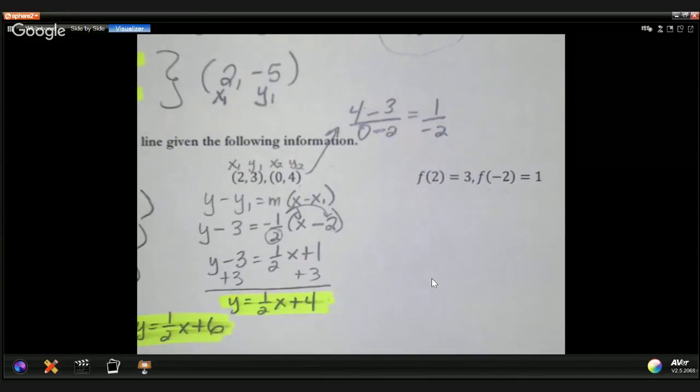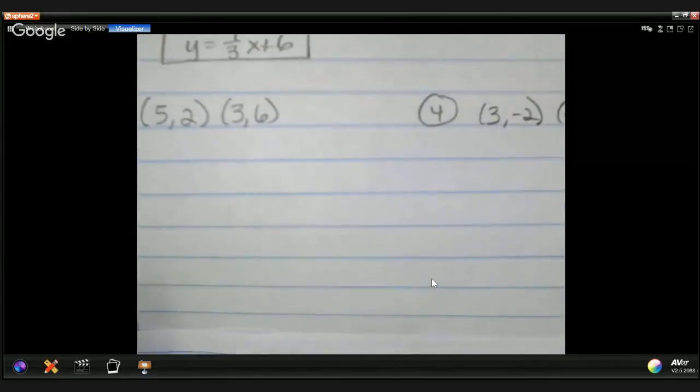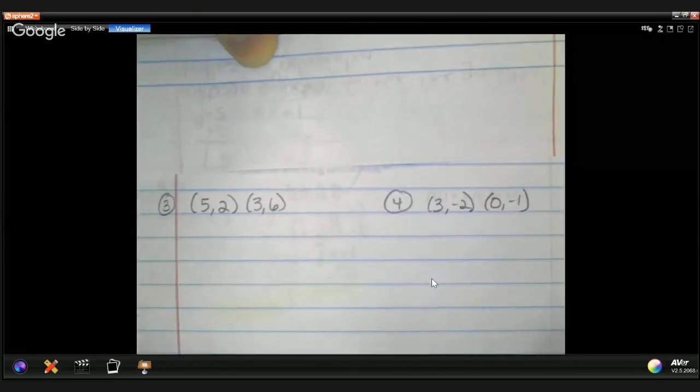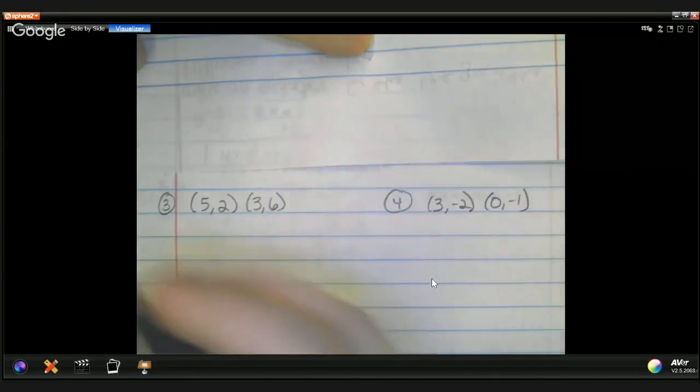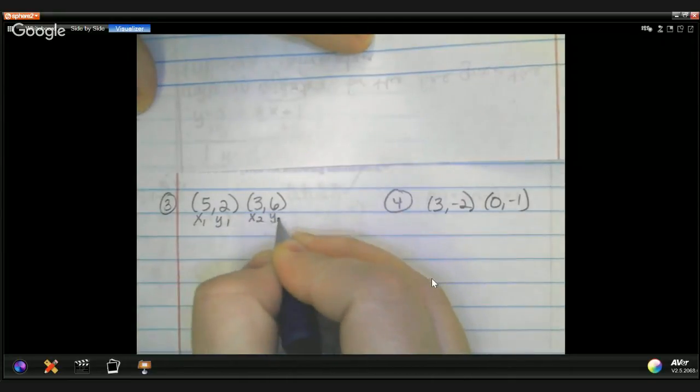All right, so let's look at a couple of these problems. So those are numbers 3 and 4. Zoom out so you can see. I'd like you to copy those down and try those problems out. So hopefully you started by saying x1, y1, x2, y2.